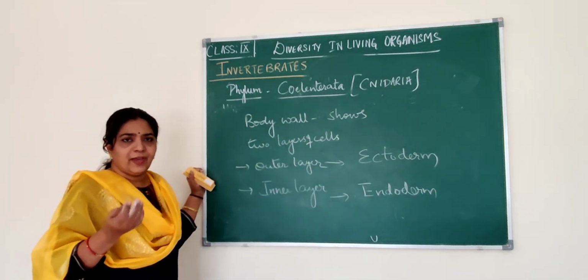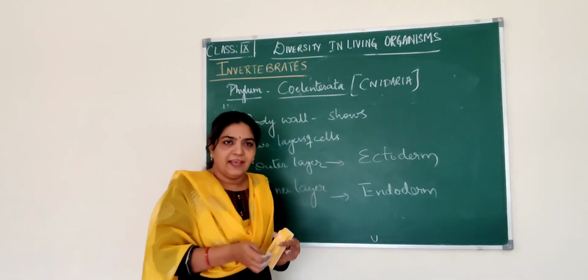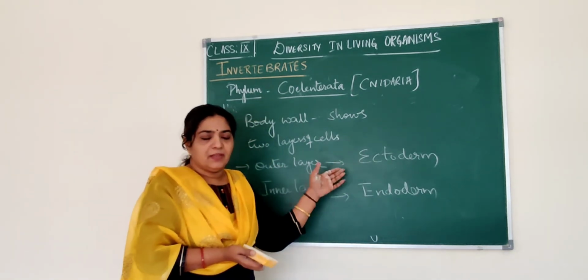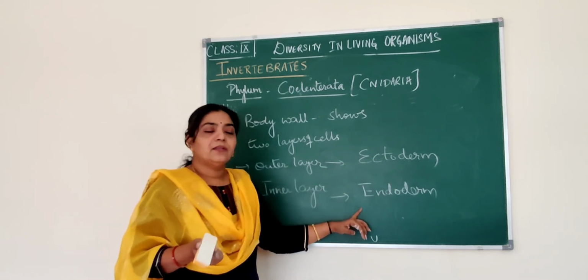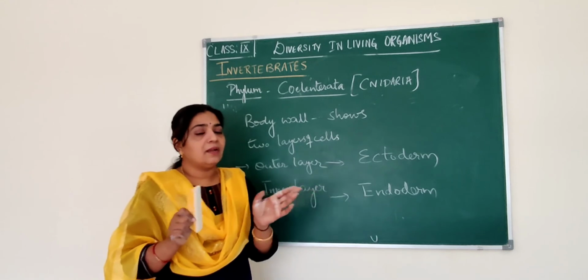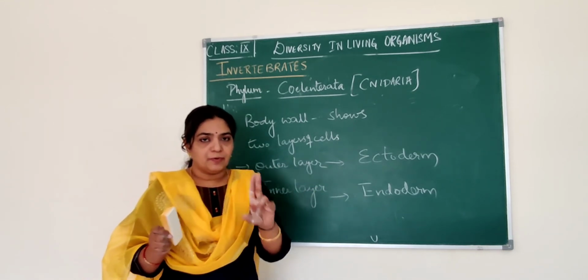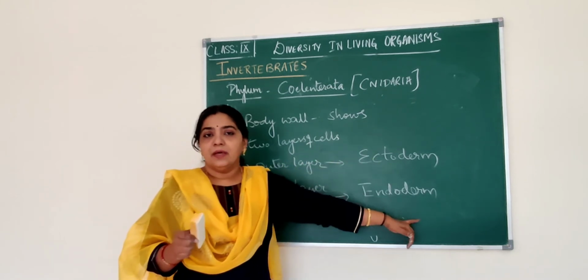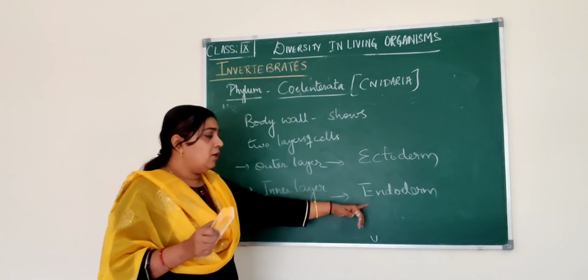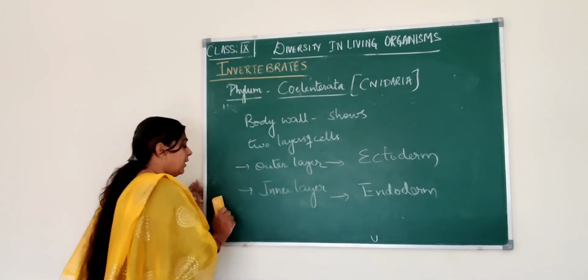This only helped us to form the outer skin inside those layers, right? So maybe, that's how it has formed. Okay, so outer layer is ectoderm, inner layer is called endoderm. So the differentiation we see in case of Coelenterata, the body wall is made up of 2 layers. Endo is inside, ecto is outside. So ectoderm and endoderm.